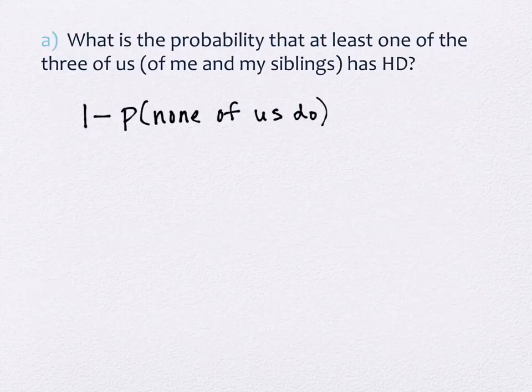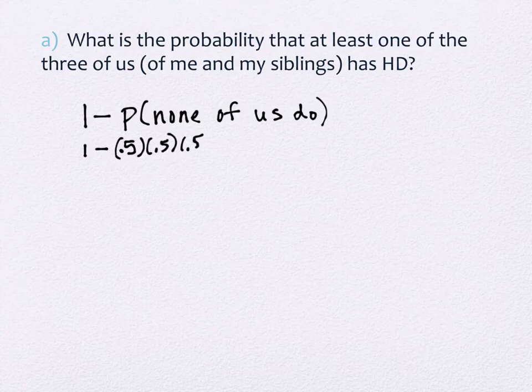You're right, Emma. If I multiply along that branch, it's 0.5 times 0.5 times 0.5. That is 0.125. And if I subtract those, I have 0.875.